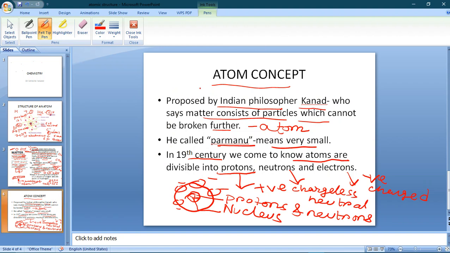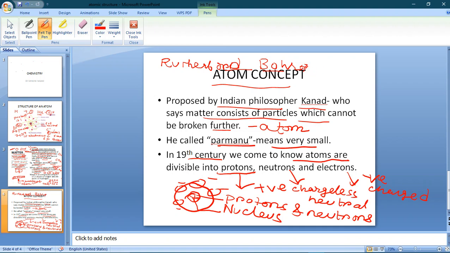There are many different scientists who have proposed atomic structures. We will discuss it later, like Rutherford and Bohr's theory. They have given postulates and described the structure of the atom.